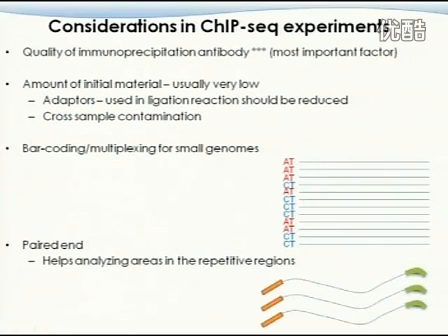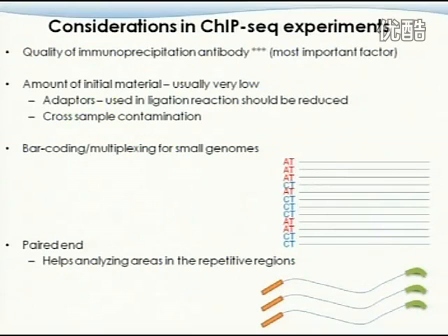Anyway, the next consideration will be the paired-end technology. We talk about this a lot. You've got DNA fragments, and you sequence both ends of them. The additional benefit of this is it helps you analyze the repetitive regions. If you work on a transcription factor with well-defined binding, it's probably okay.